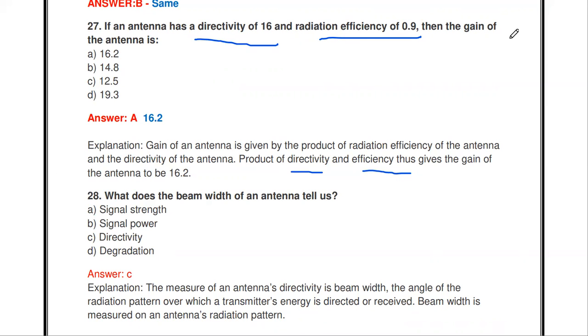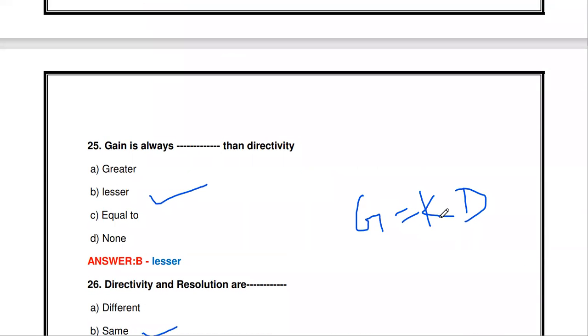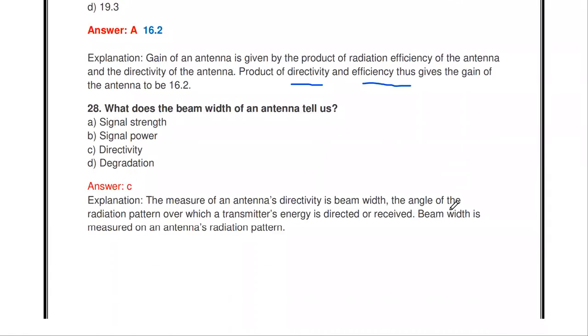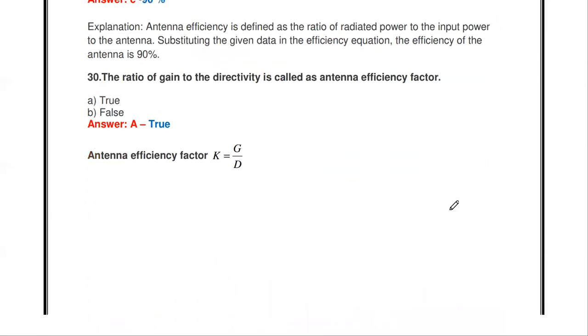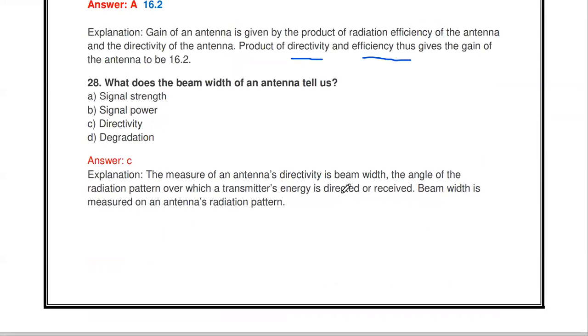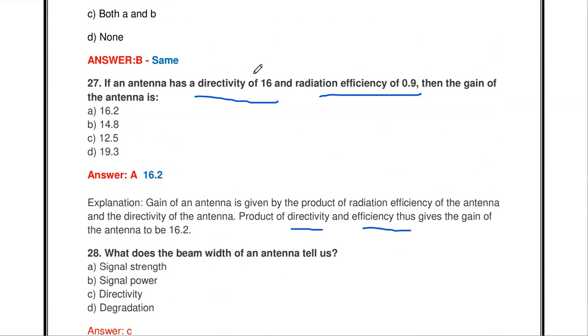So the gain G is equal to efficiency, sometimes called eta, into D. Gain is equal to eta into D, efficiency of the antenna into directivity. The directivity is 16, radiation efficiency 0.9, you just multiply. So the answer is 14.4.